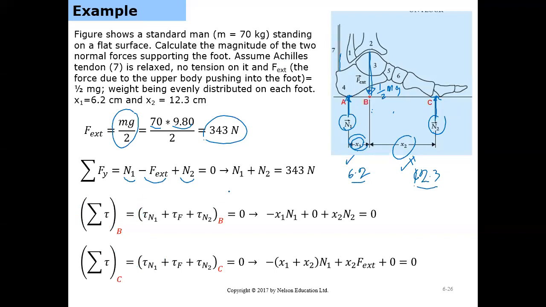So we have this equation. From this equation, of course, N1 plus N2 must be equal to half of the weight. Okay, that's fine. But can I find exactly what N1 and N2 are? It is not going to be distributed half N1 and N2 because of the weight not being in the middle.